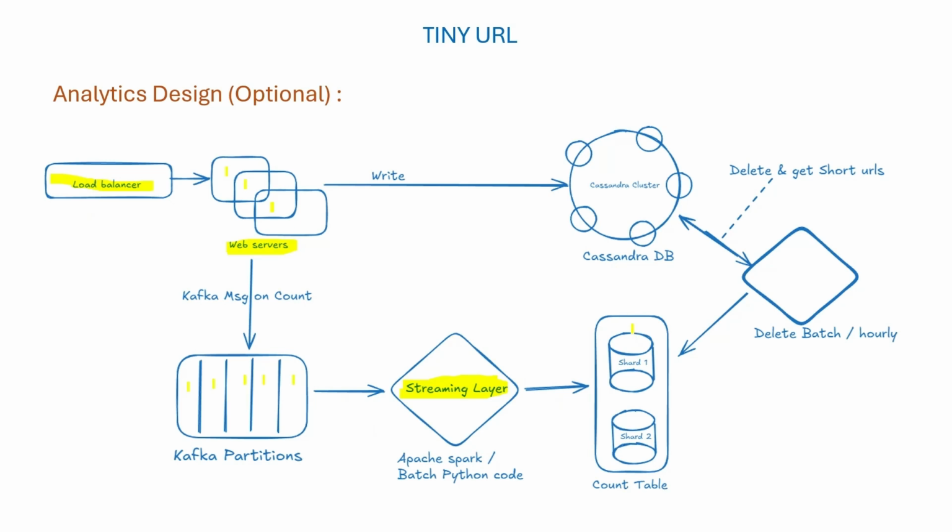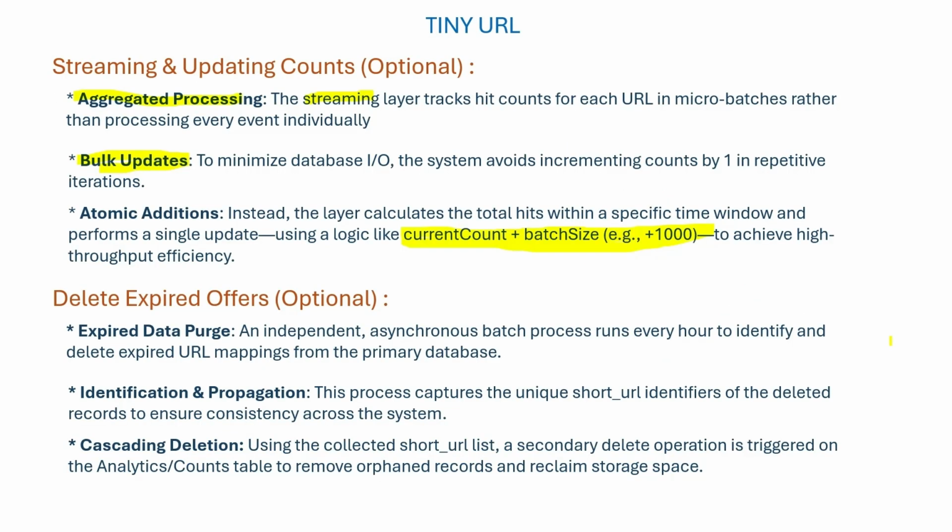This is all about how we handle the count table. Now, the last section is about how we handle the expiration policy. This could be fairly straightforward. We can have an hourly batch, which can be an independent batch that runs every hour, or every 2 hours, or every day once.